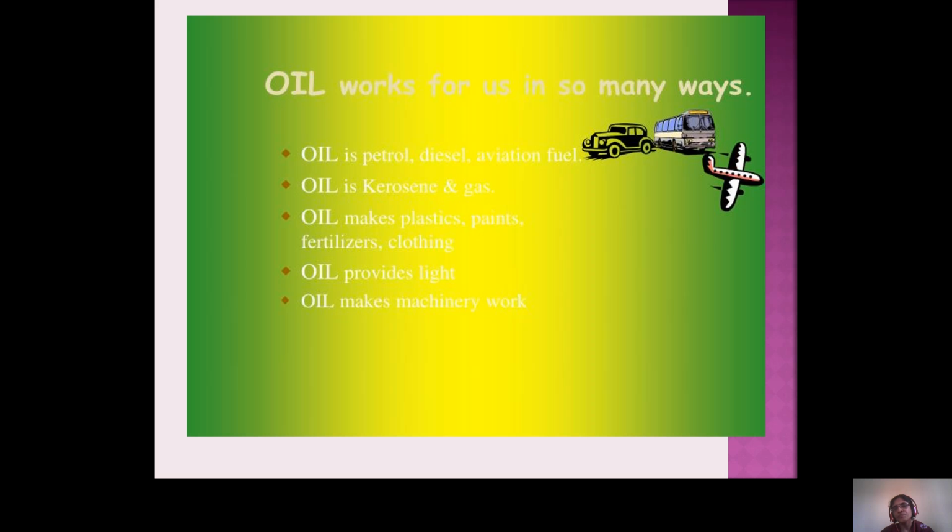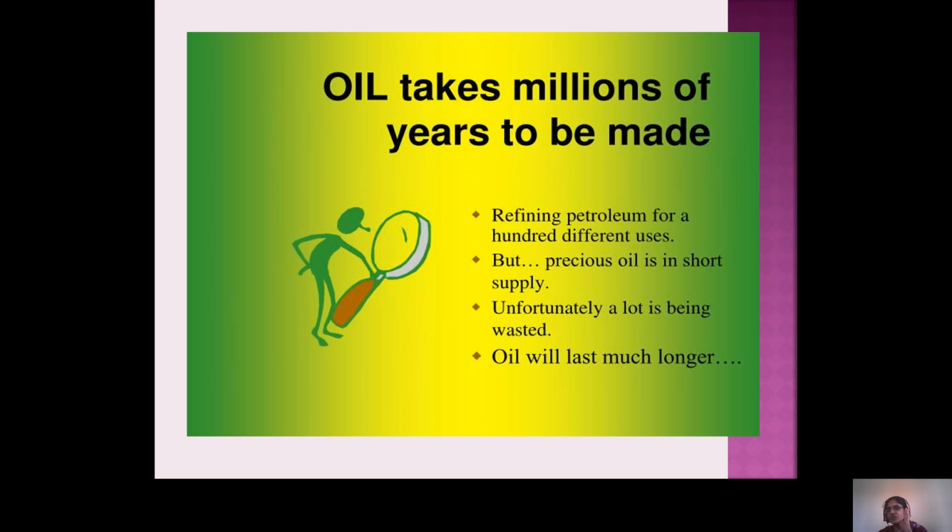So you have to save oil. Oil takes millions of years to be made. Refining petroleum gives 100 different uses. Precious oil is in short supply, and unfortunately a lot is being wasted.